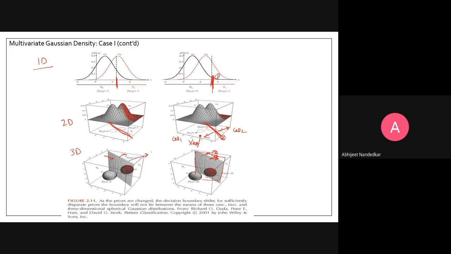If you are above this plane, you are in omega 2, and if you are below this plane, then you are in omega 1. So this side of this plane is representing, suppose, letter A, and this side is representing class B. So this is a two-class problem. Now you can assume there are many classes, then you have to have different planes representing different zones or characters that you want to classify.